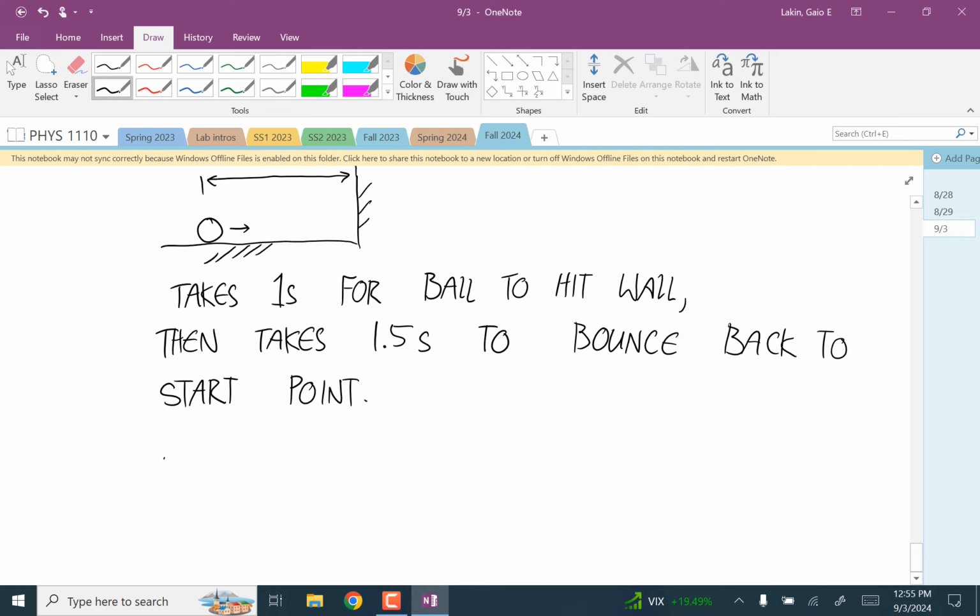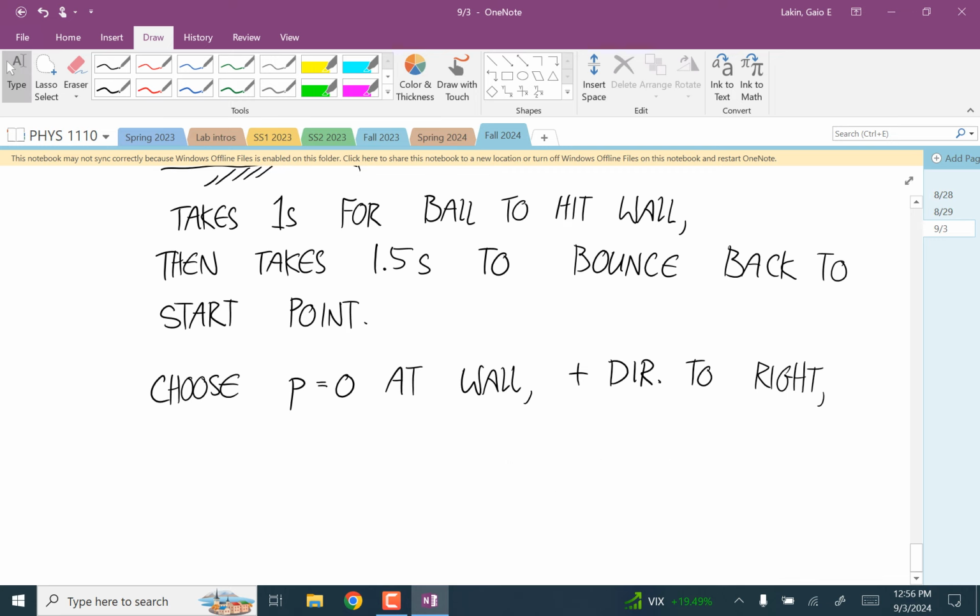So choose the 0 position at the wall, the positive direction to the right, and time equals 0 at the start of the motion.